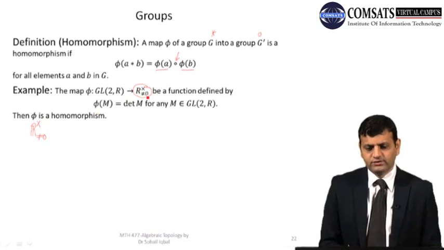That's why we exclude this 0 from this set to make it into a group. So this set, which is the set of all real numbers but the 0 element, forms a group under multiplication.